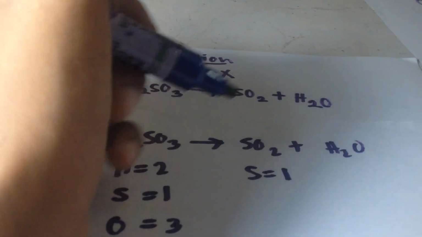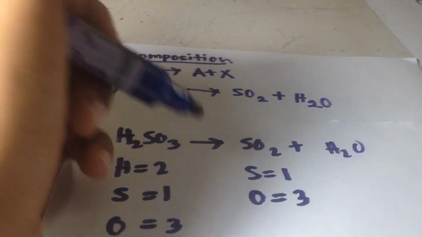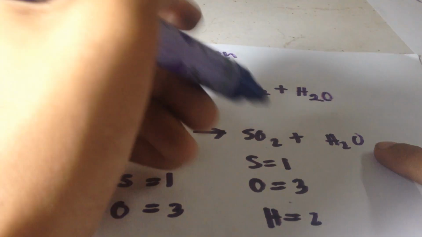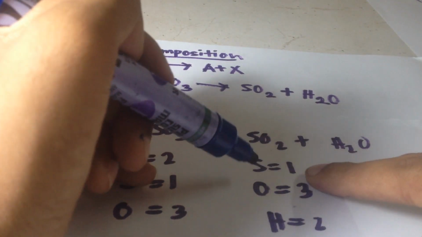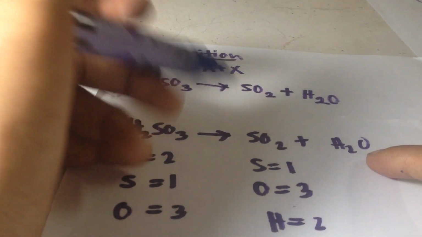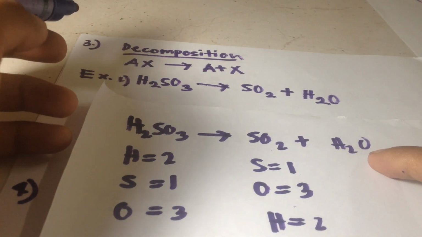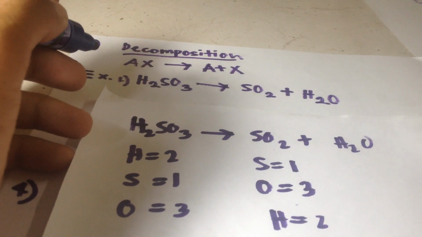Sulfur has 1 subscript, oxygen has 3 subscript, and hydrogen has 2 subscript. 2 plus 1 in oxygen, which is 3. And then 1 in sulfur, hydrogen gas has 2. So I think it is all balanced.